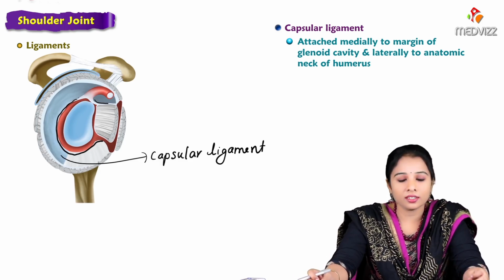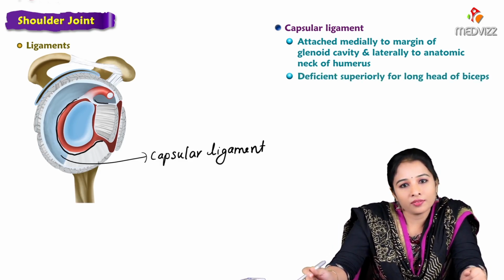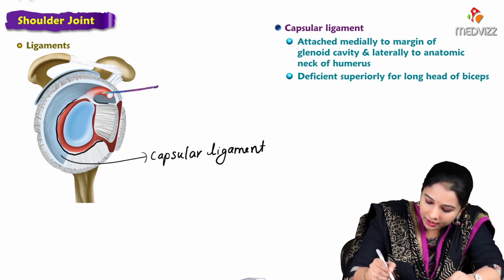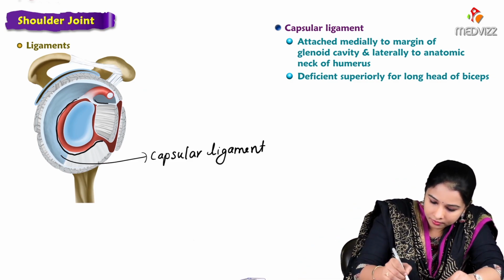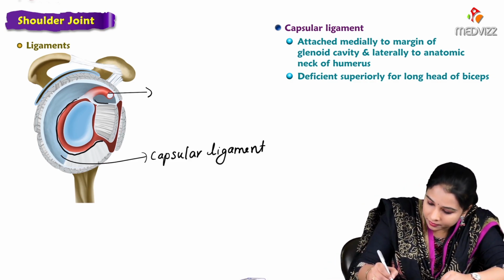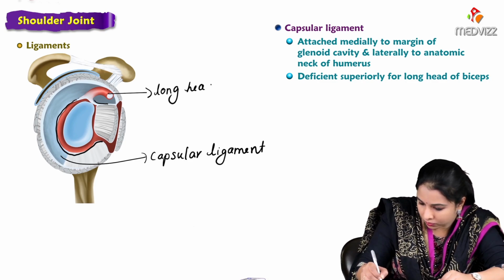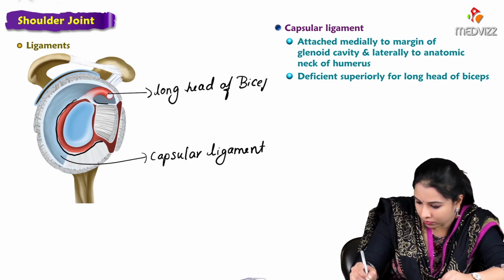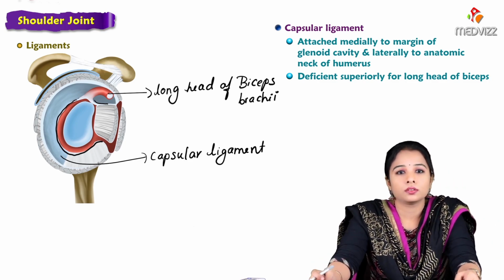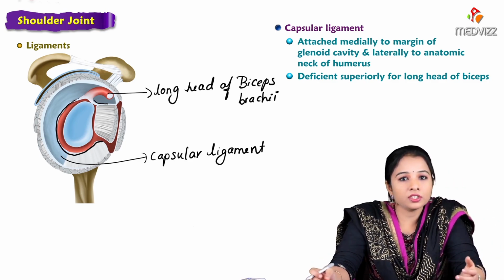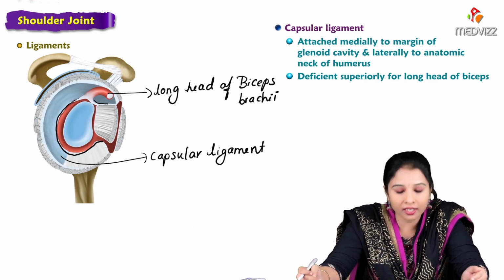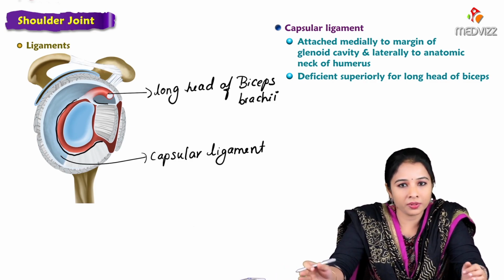If we see this capsule, it is deficient superiorly because we can see a tendon here. This is the long head of biceps. It is deficient superiorly because the long head of biceps passes through, piercing the capsule.